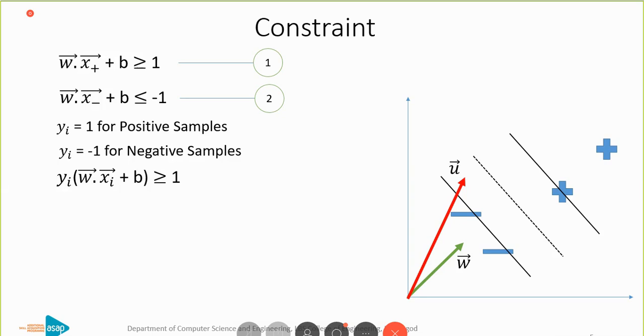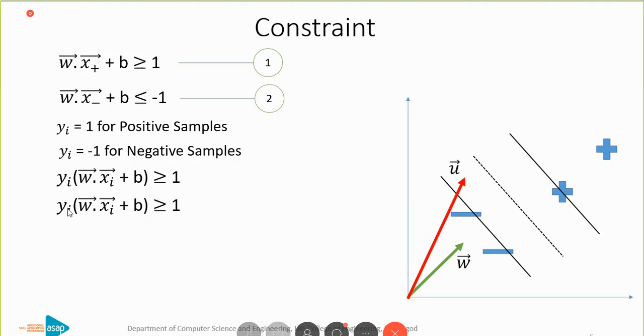Now I will do the same for the negative samples. When I multiply by yi equal to minus 1, what will happen? When you multiply an inequality with a minus sign, the inequality changes. So less than or equal to will become greater than or equal to, and minus will become plus over here.